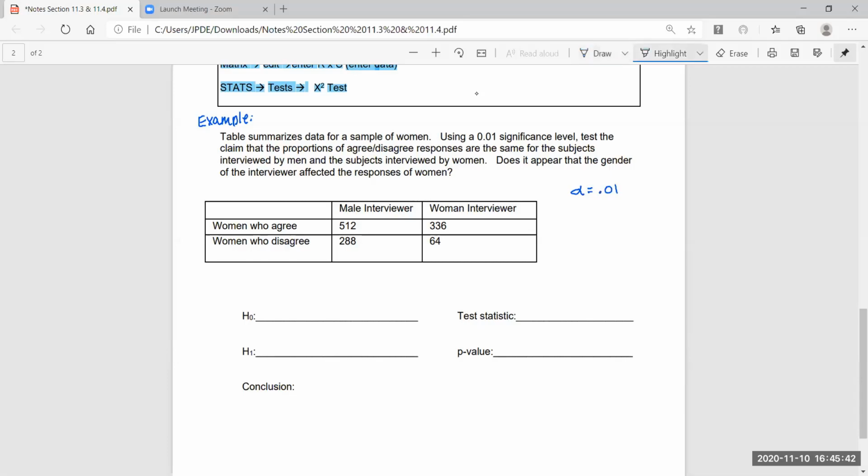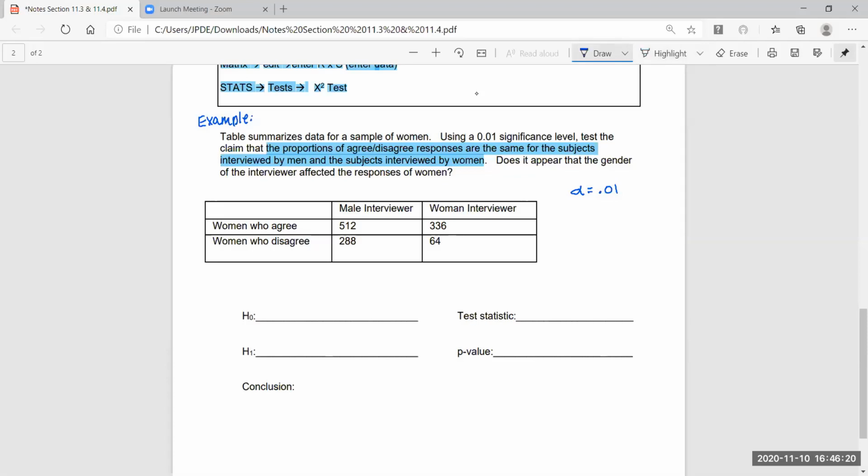Test the claim that proportions of agree or disagree responses are the same for subjects interviewed by men and interviewed by women. The proportions of agree or disagree are the same for subjects interviewed by men and women. And then it says, does it appear that the gender of the interviewer affected the responses of women?